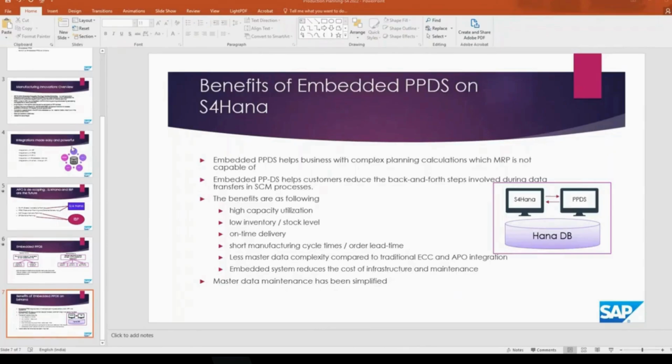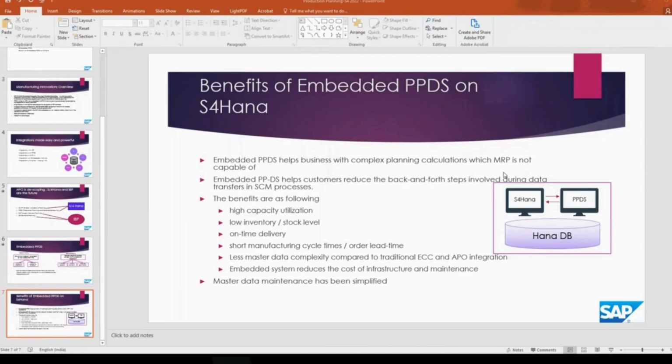Okay, starting from the beginning, we'll talk about the introduction to PPDS, initial setup and basic configurations. Initial setup and basic configurations mean, as I said from the beginning, PPDS is not just like classic core modules like PP, MM, QM where you just go into the system and create your configurations. No, it's not that.